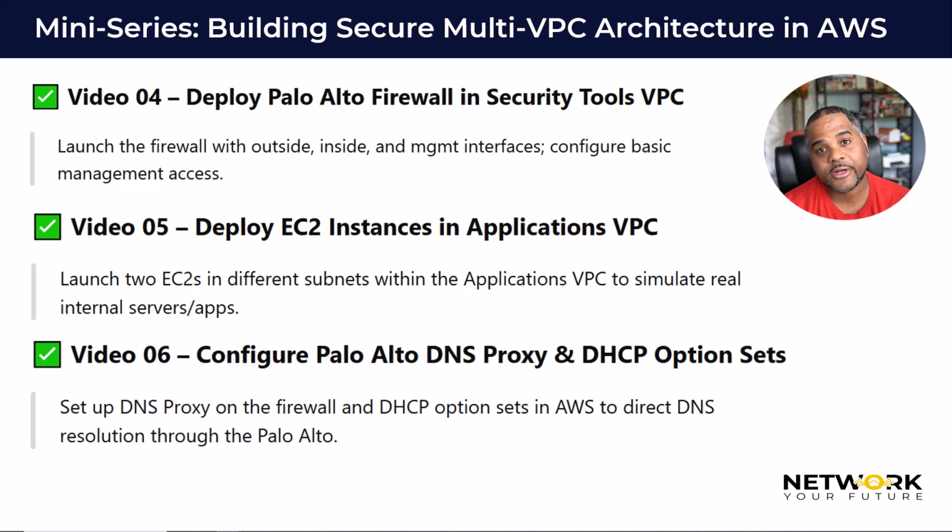In this video, we're going to actually take a detour. You could use Route 53, AWS's DNS framework there, but we're going to leverage that virtual firewall or virtual machine, the VM-Series from Palo Alto, and we're going to basically use DNS proxy. And here we're going to change the default DHCP option set for the VPCs and basically any appliance that's in there.